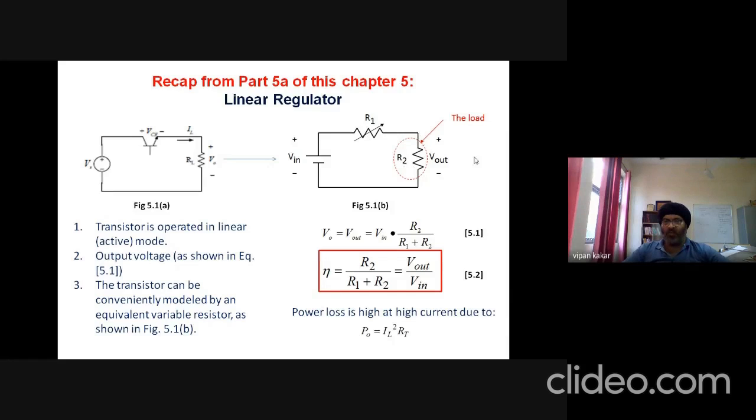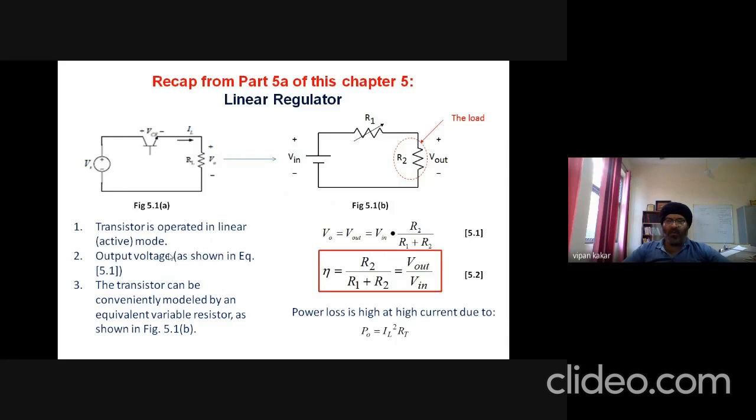So at the load, V out is always less than V input because of the voltage division rule. Using this equivalent model, we can see that the linear regulator is a step down regulator because the output will always be less than the input because of the resistance between load and source. So a linear regulator is always a step down regulator.